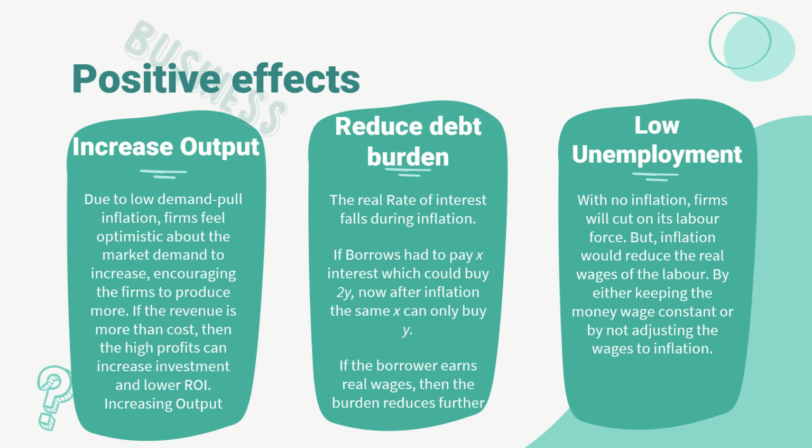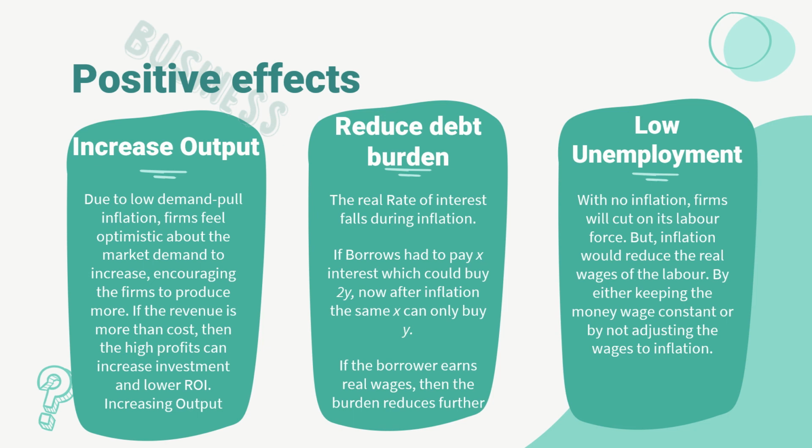For example, if the borrower had to pay X interest, which could buy me 2Y of the goods, now after inflation the same X can only buy me Y. So the real rate of interest has fallen, but the nominal rate of interest has not changed a bit.